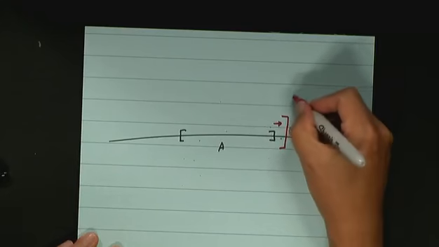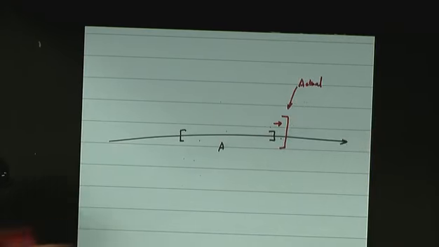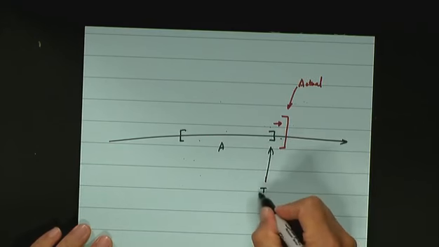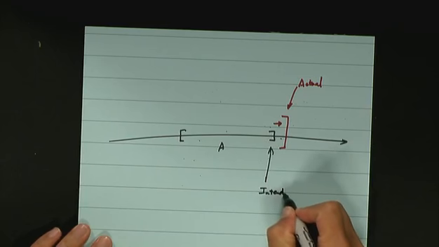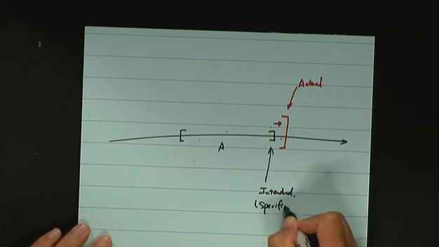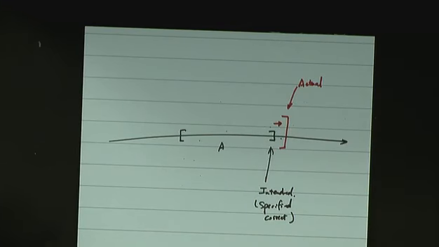This is your actual. This is your intended or specified or the correct one. This is the actual, where maybe you have some problem. See if you can detect that kind of problem.